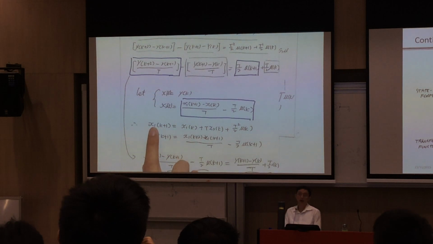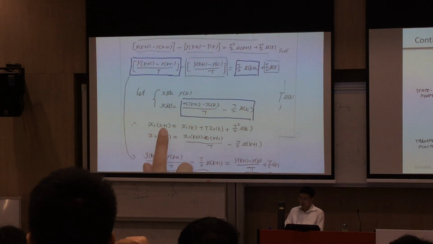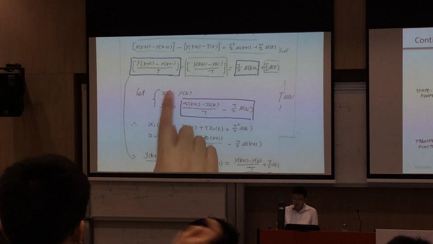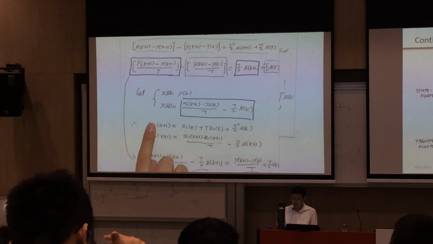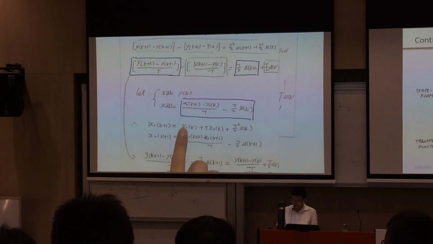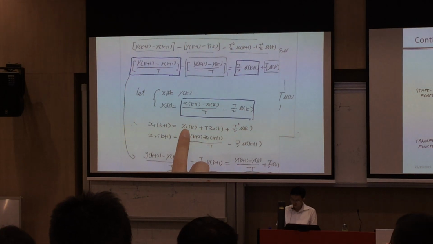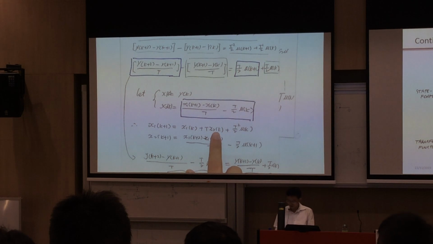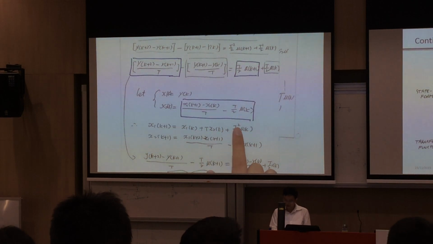So here I want to find out what is x1 k plus 1. Your x1 k plus 1, the x1 basically is your y, so it's your yk plus 1, right? So this one is equal to your x1k plus t x2k plus half t squared uk.